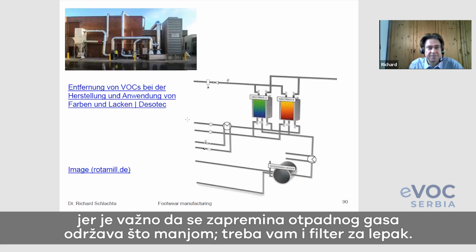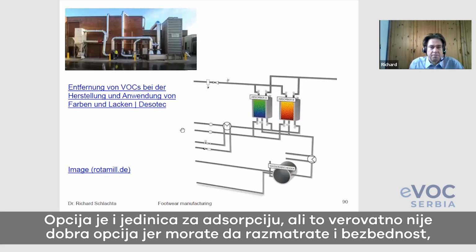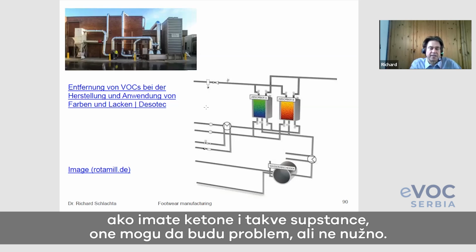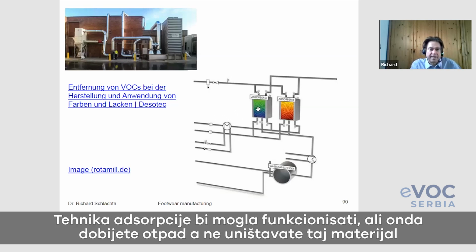One option could be an adsorption unit, but probably that is not really applicable. You have to consider the plant safety. If you have ketones and so on, it can maybe be a problem, but it's not necessary that it must be a problem. The adsorption technique is something that could work as a waste gas abatement.